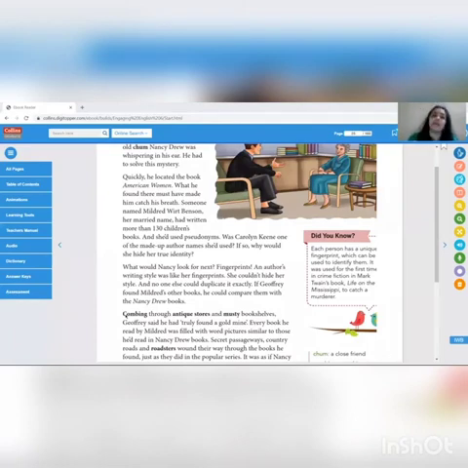For example, some write detectives, some write horror stories, some write stories based on nature, some write stories based on human emotions, some write stories which are all fictional, some use both fiction and real situations. So there are many genres where writers write their stories. That is why the style of writing is unique for each writer.